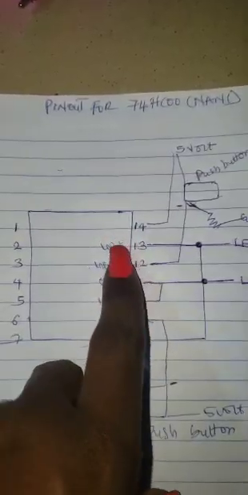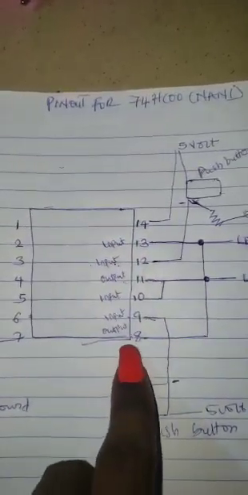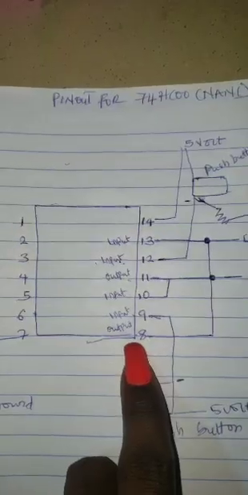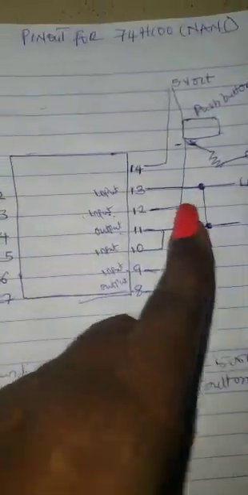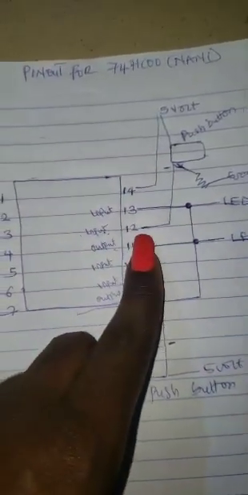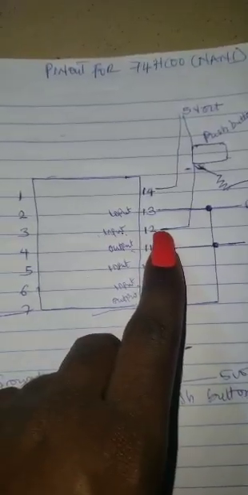So this is the input of the fourth NAND gate connected to the output of the third NAND gate. If you check this diagram, you notice that the output is connected to the input of one NAND gate. So that's what's happening here. And then this is an input. Again, this is a second input.